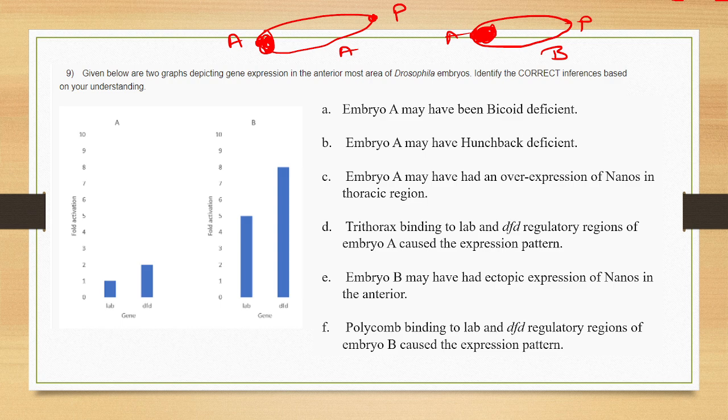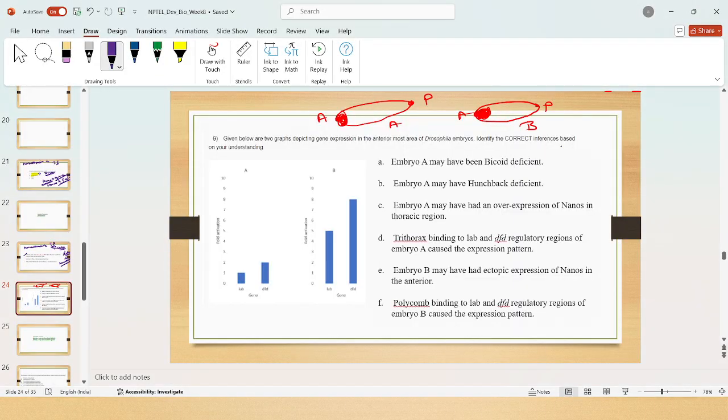So it might be the reason that because of bicoid and hunchback deficiency, the anterior region was not completely formed and therefore the expression levels of these particular genes were less. Can it be a case or not? It can be a case. Why? Does it make sense?